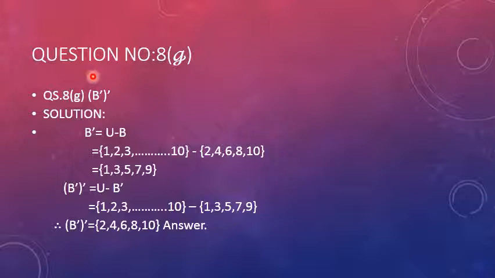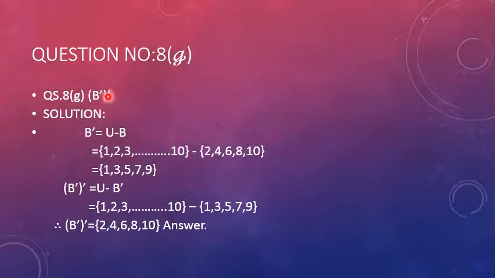Now I shall explain you 8G, that is 7th question. In the 7th part, if you notice this question, here inside the bracket is B complement, also outside is complement. So we can also say that it is B complement or B double complement.